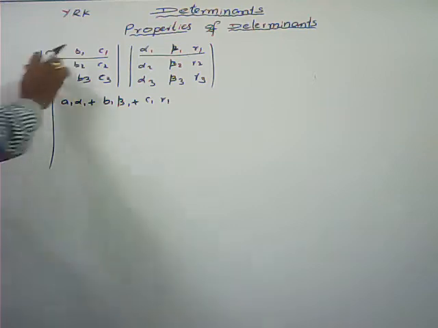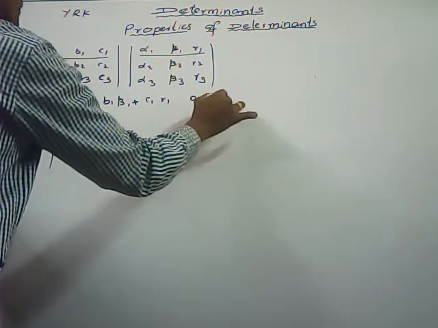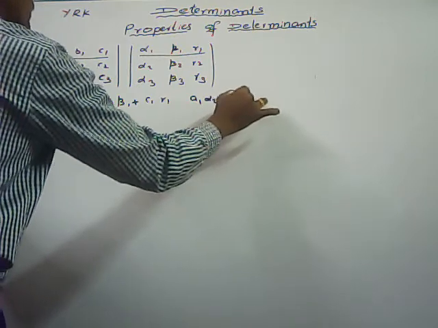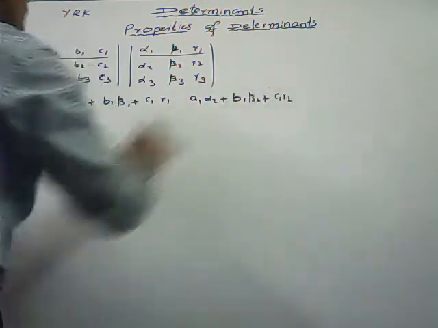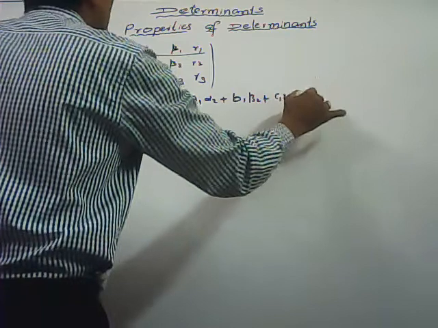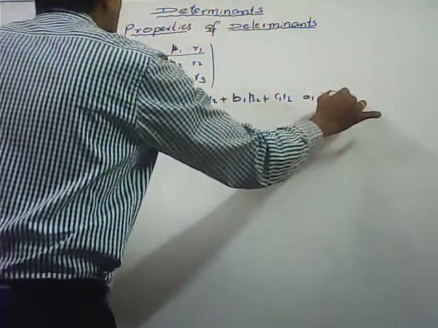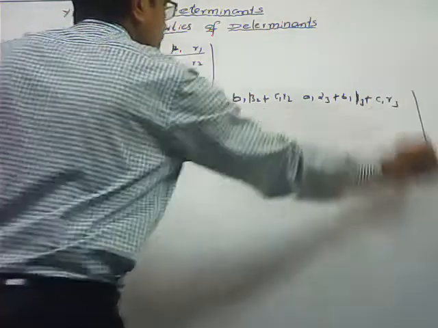Next, first row, second column I am taking A1 alpha 2 plus B1 beta 2 plus C1 gamma 2. Next, first row, third column A1 alpha 3 plus B1 beta 3 plus C1 gamma 3, like that.